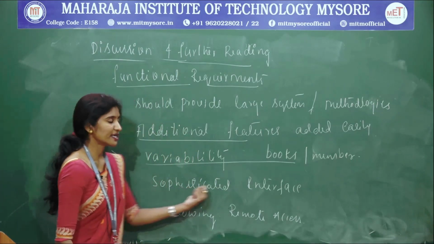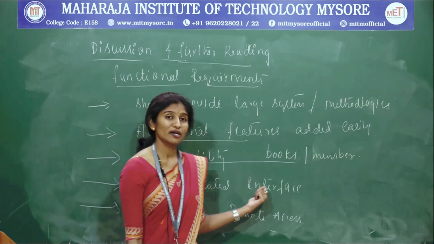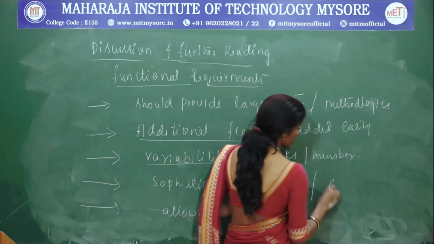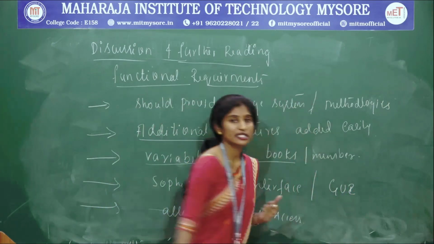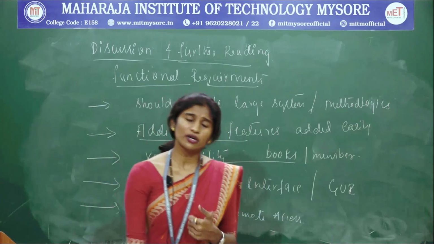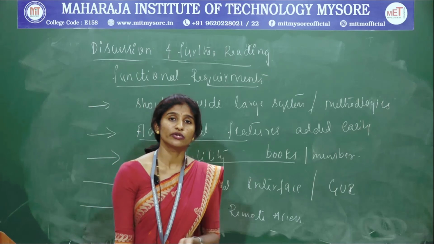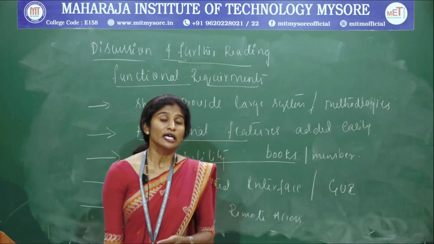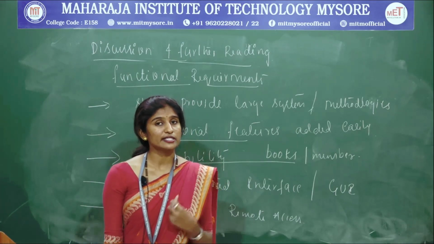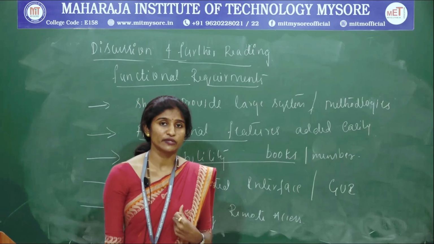Then sophisticated interfaces, that is nothing but your GUI, a graphical user interface. Everyone will be having the interface, so even they know how to design the interface for the software. But designing a sophisticated interface is a challenging one.